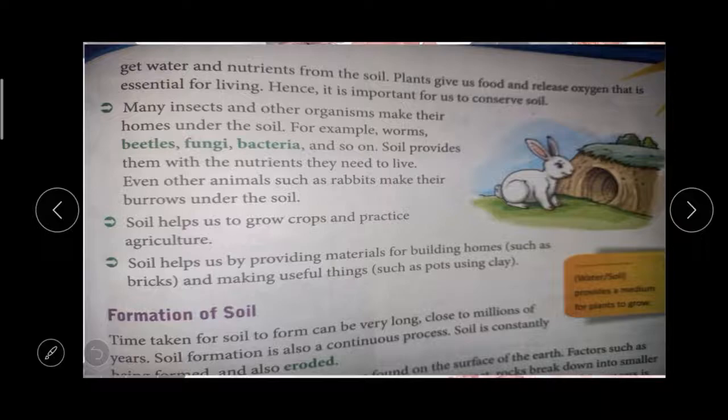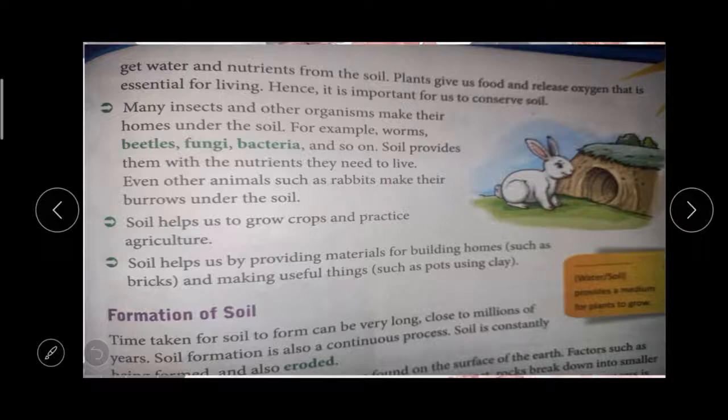Many insects, many animals, many organisms make their home inside the soil, under the soil. For example, earthworm, beetle, fungi, bacteria. Then so many types of worms are there. They dig a hole inside the soil and they live in it.